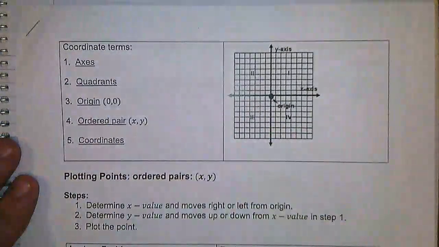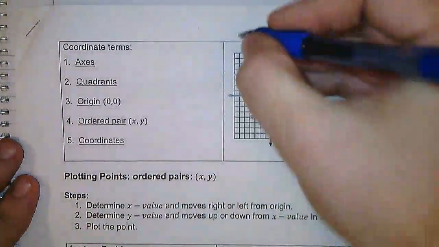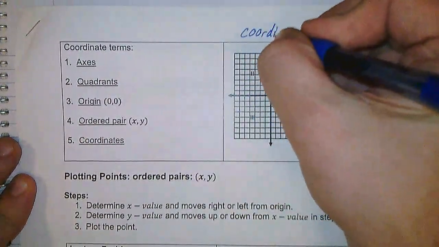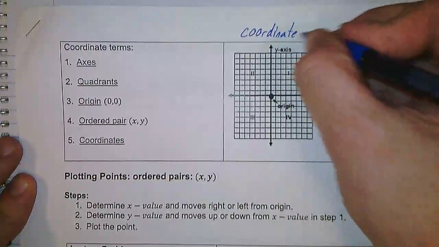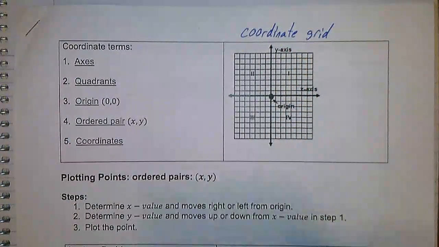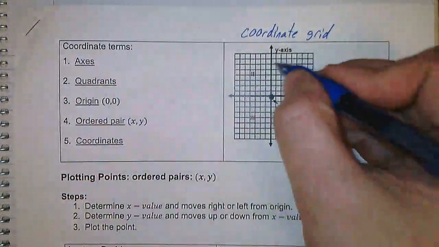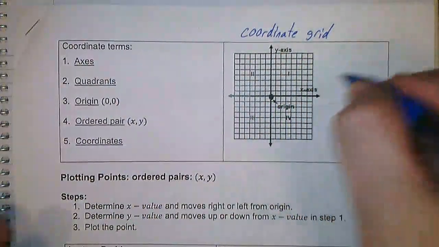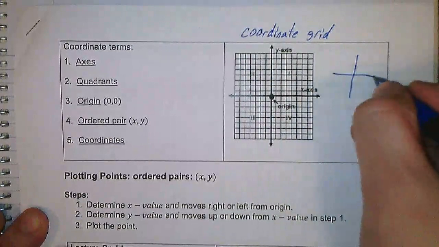So let's talk about some terms associated with a coordinate grid. We have 2 axes, the plural of axis. I'll kind of sketch this out as well.